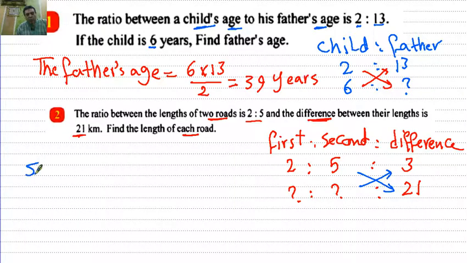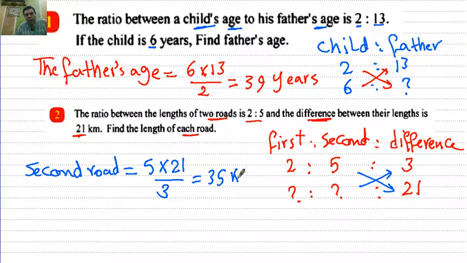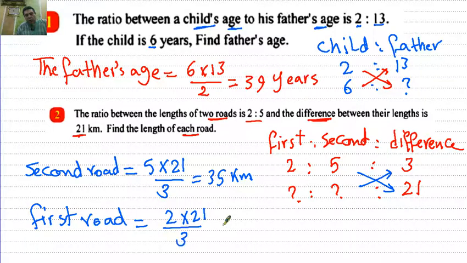Second road equals 5 times 21 divided by 3 equals 35 kilometers. First road equals 2 times 21 over 3 equals 14 kilometers.